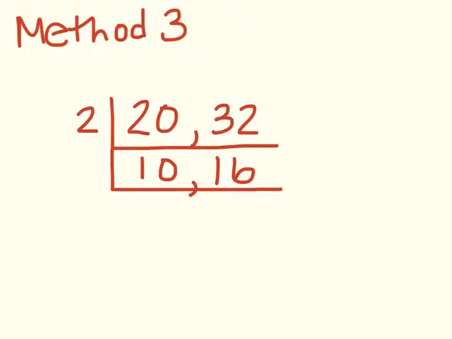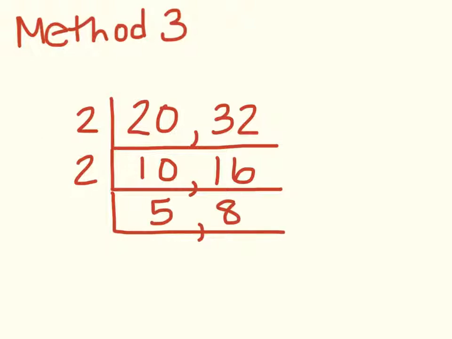Once again, I'll look for the least prime factor that 10 and 16 have in common, and once again, that will be 2. Once I divide that in, that gives us 5 and 8. 5 is prime and does not fit equally into 8, so they do not share any factors other than 1. So what we have left here is 2 times 2 equals 4, giving us our greatest common factor.